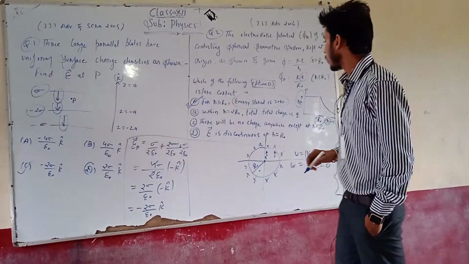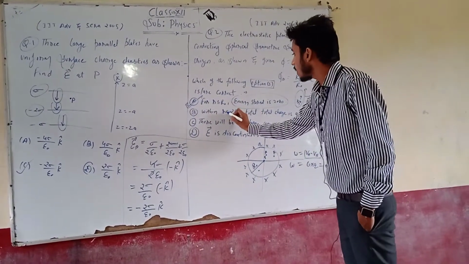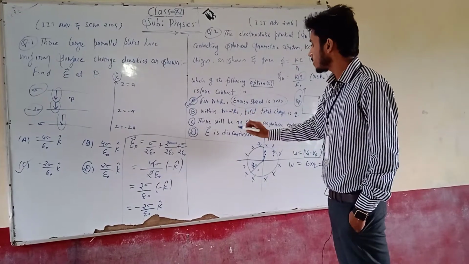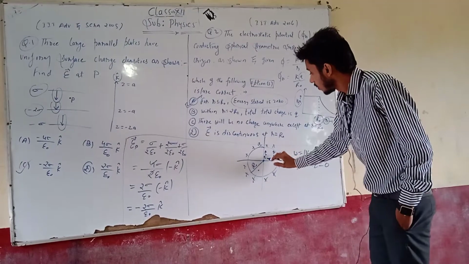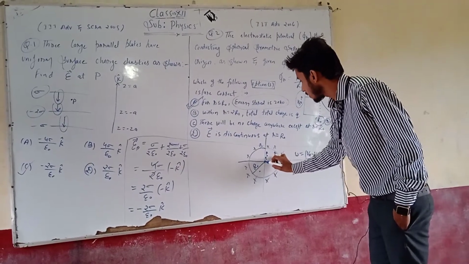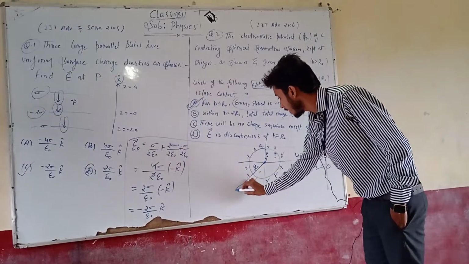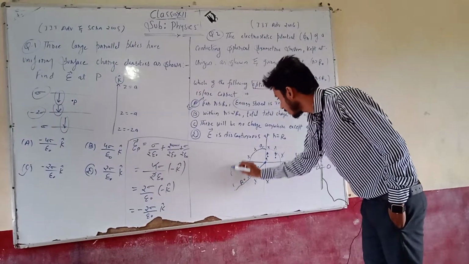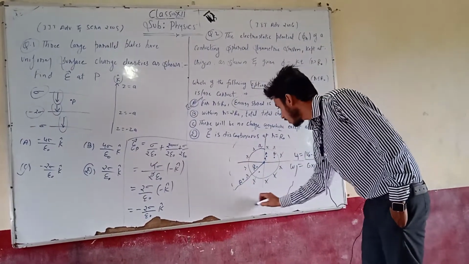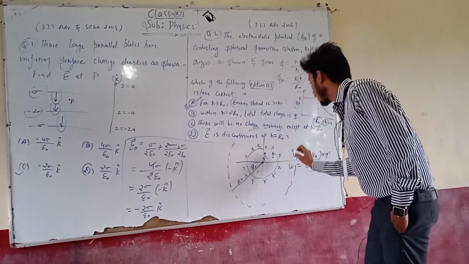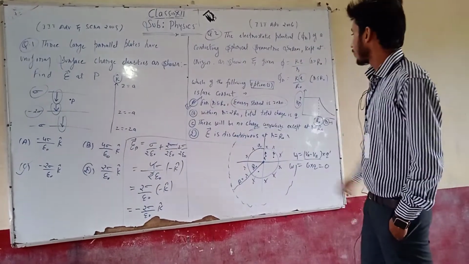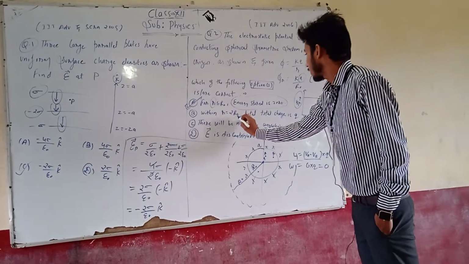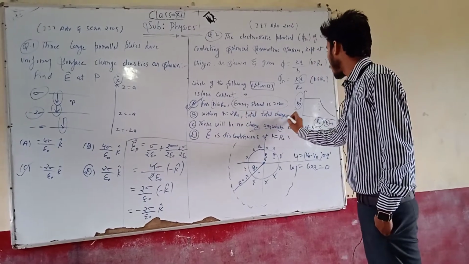Now look at the second option. Within r is equal to 2r naught. That means for a distance r which is twice the distance of r naught. That means if this is r naught, then taking another r naught, this is the spherical cell which is having radius small r. Now here they are saying that the total charge is q.